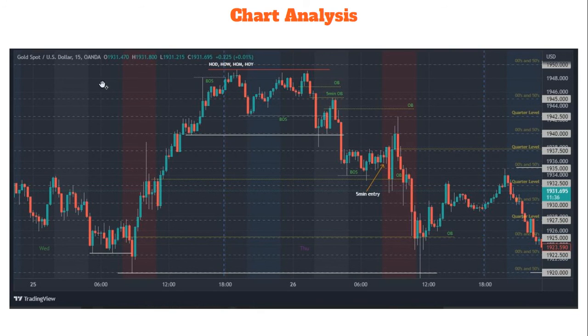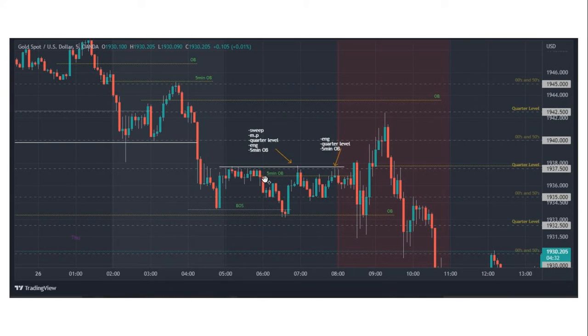Now this is the 15-minute time frame, and this is where I had taken the sells. Now here we have the 5-minute time frame and what I was looking at before I took the sell trade. And we have a sweep and pattern, quarter level, bearish engulfing candle right here. All of this happening at the 5-minute order block. Now that's about 5 confirmations.